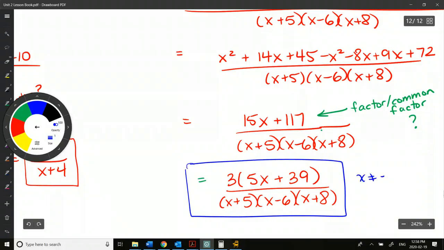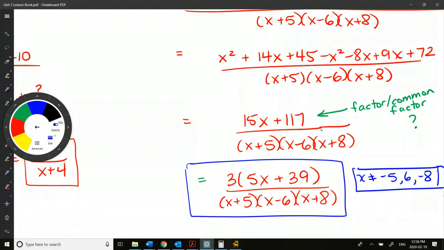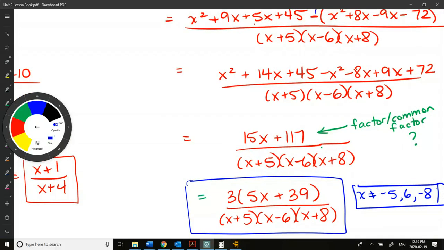So we said x could not be -5, 6, or -8. Okay, this is how you're going to do all of the addition and subtraction questions. Once you start practicing, you'll start getting the hang of what you can cancel and what you can't cancel.